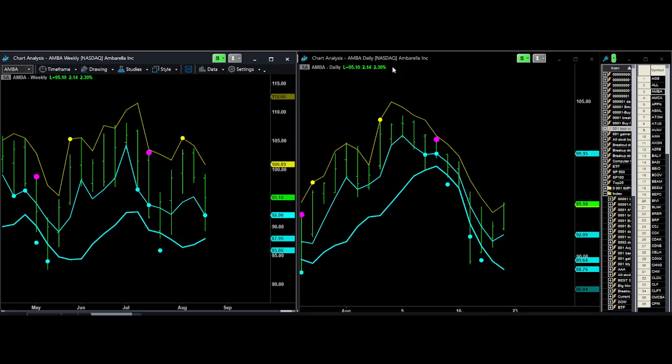So right now, from this daily chart, this price already reaches this high price region. It already touches the maximum value of the yellow trend lines.